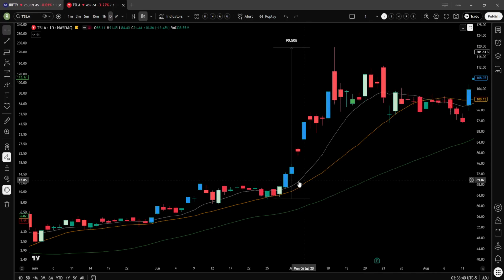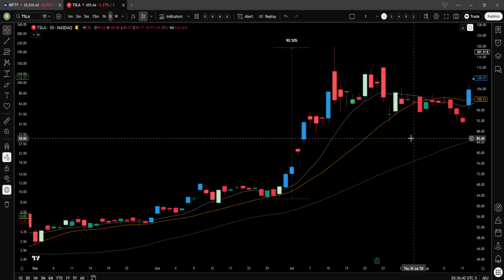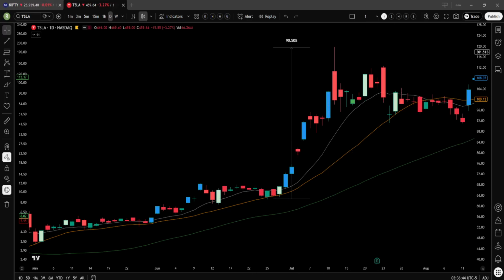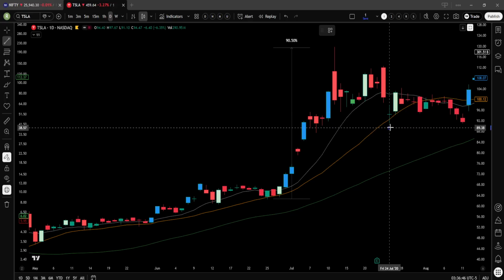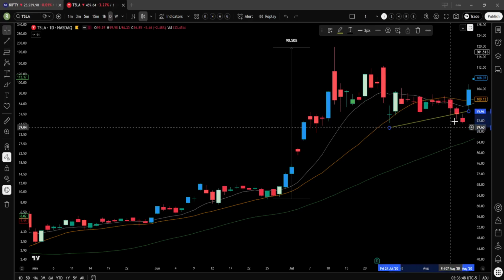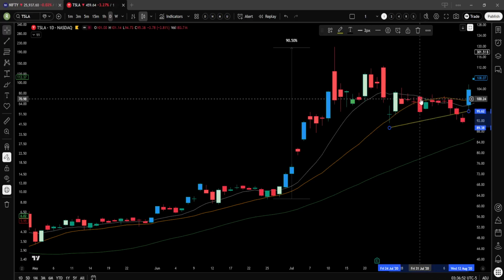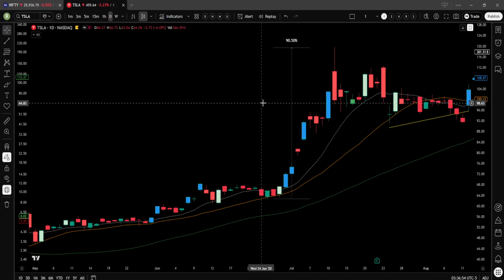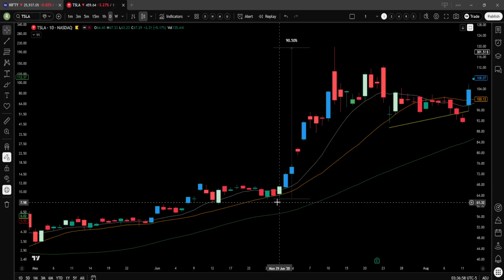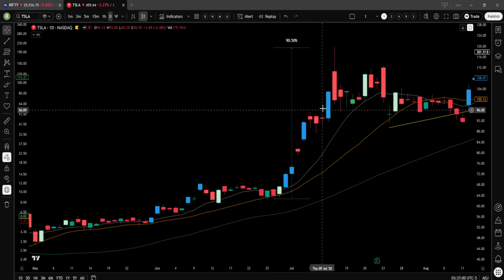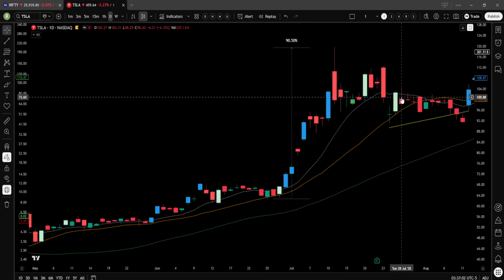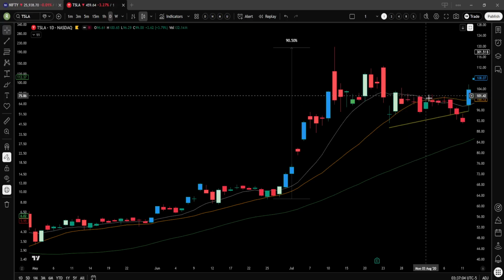Then the stock goes into consolidation, and sometimes it makes higher lows like this. It's not a perfect higher low, but you can consider it as higher lows. Then also tight ranges. You can see the candles here are wide-spread candles, and here the candles are very tiny, in a very tight range.